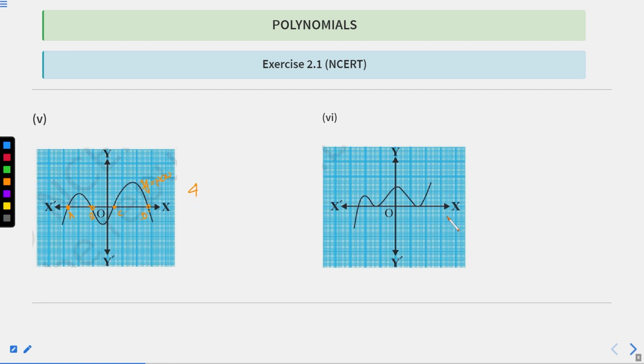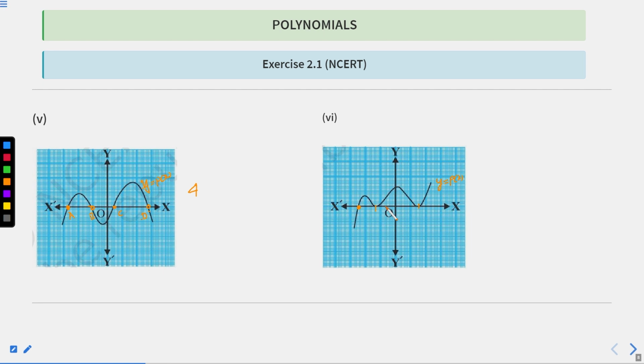And now if you see this graph, figure number 6, here you can observe that the graph y equal to p of x cuts at 1 point and touches at 2 points. Okay, so at 1 point the graph cuts the x-axis, and at 2 points the graph touches the x-axis. So in total at 3 points the graph cuts or touches the x-axis.